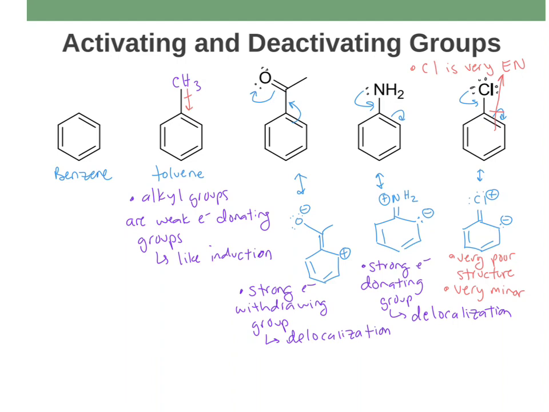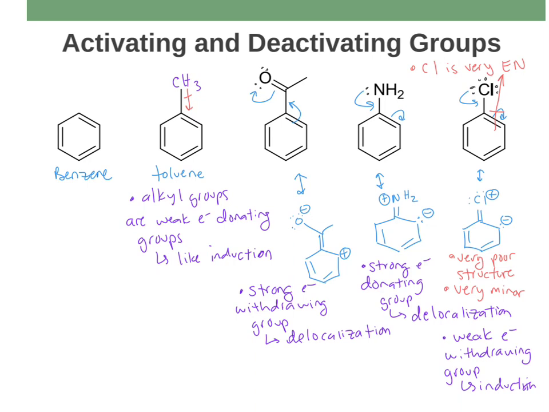And so chlorine in this case is going to be a weak electron withdrawing group, because it's using induction to withdraw electrons. Just because it's so electronegative, it's pulling some of those electrons out of the aromatic ring, making it more positive, making it a worse nucleophile.